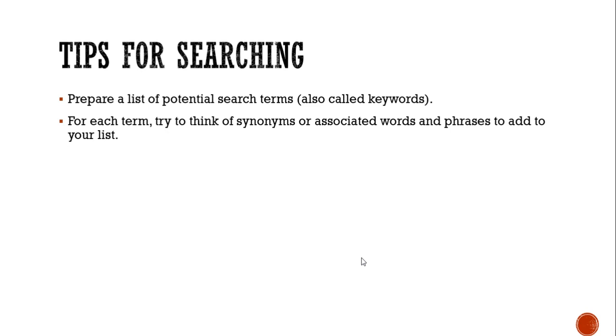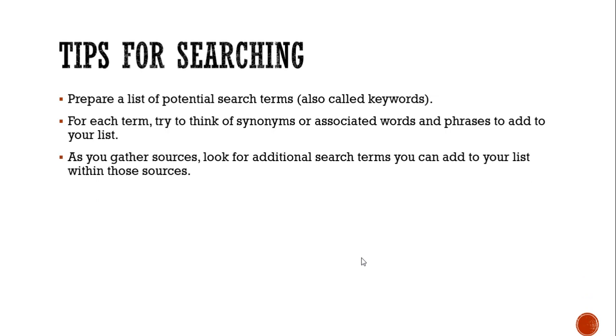And for each of those terms, you should try and think of synonyms or associated words or phrases that you can add to that list. This helps you make your search broader and make sure that you're capturing sources that you might not otherwise have captured with the original search term.